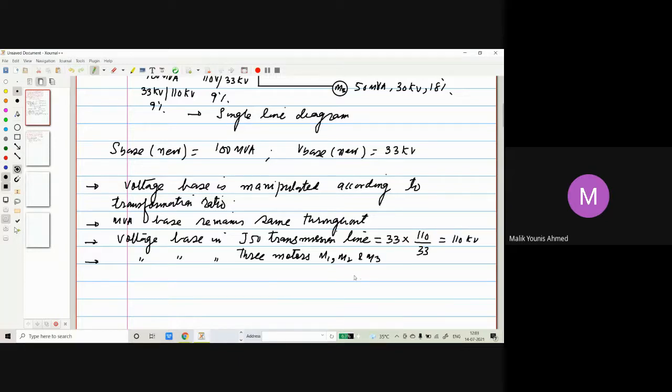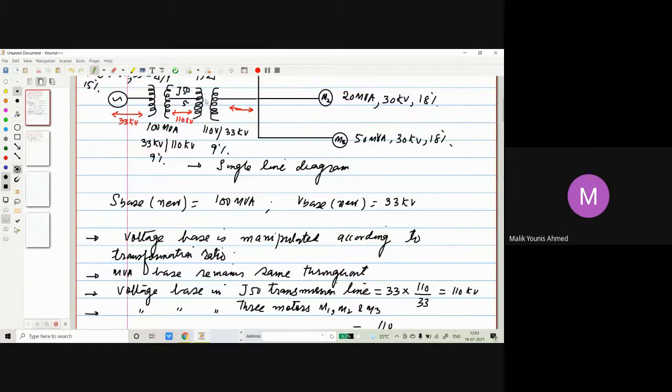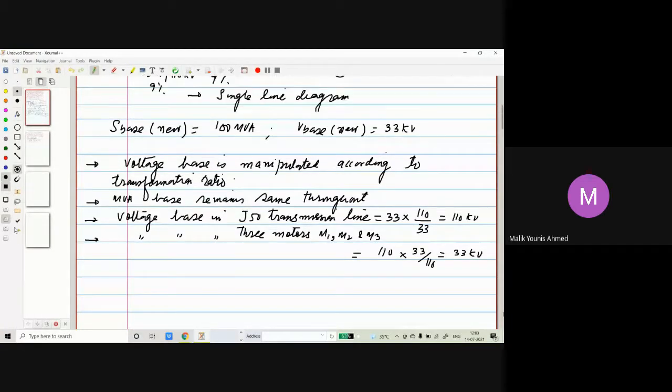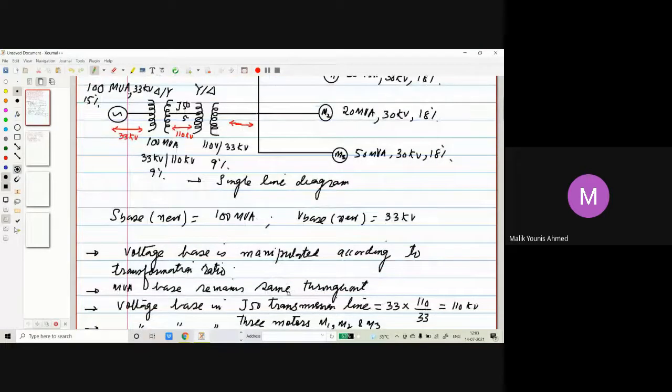That will be equal to the voltage base in the transmission line, 110, multiplied again by the ratio secondary by primary, 33 by 110, which is equal to 33 kV. So the voltage base on the motor side is 33 kV.